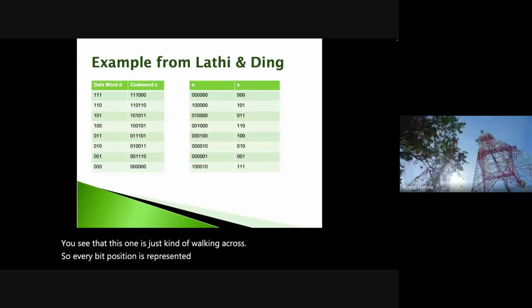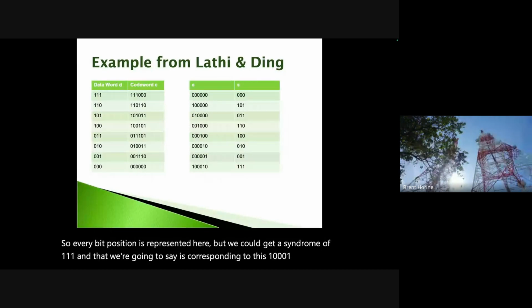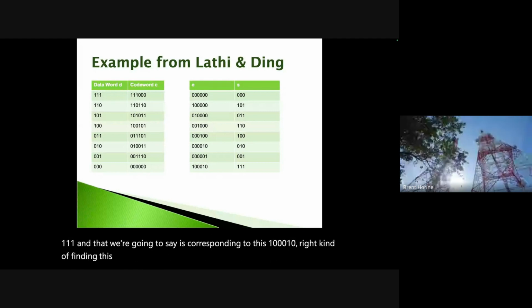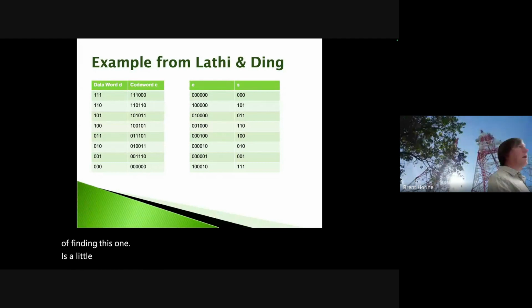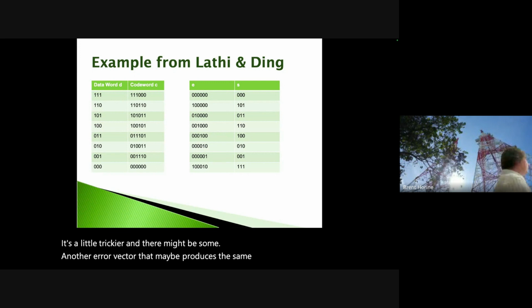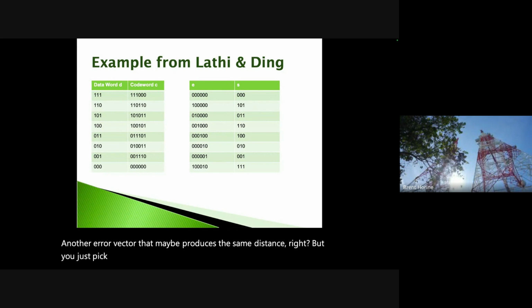But we could get a syndrome of 1, 1, 1, and we're going to say that corresponds to this 1, 0, 0, 0, 1, 0. Finding this one is a little trickier, and there might be another error vector that produces the same distance, but you just pick one and map it there.